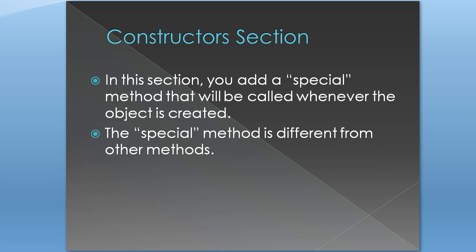Constructors section. In this section you will add a special method that will be called whenever the object is created. And this special method differs from other methods, and we'll go into that next tutorial when we talk about making objects.